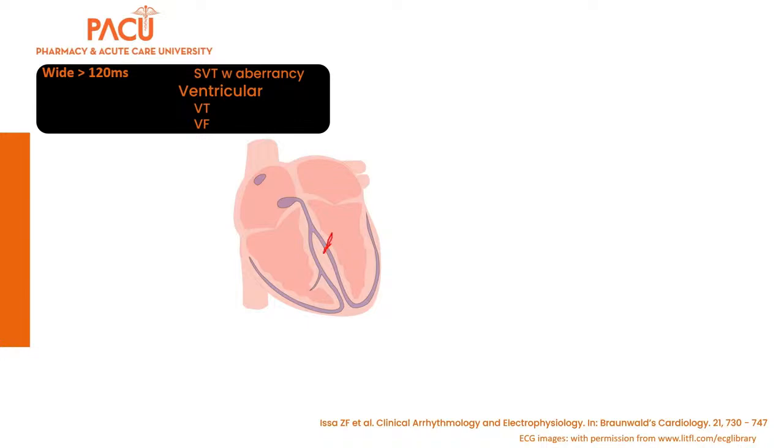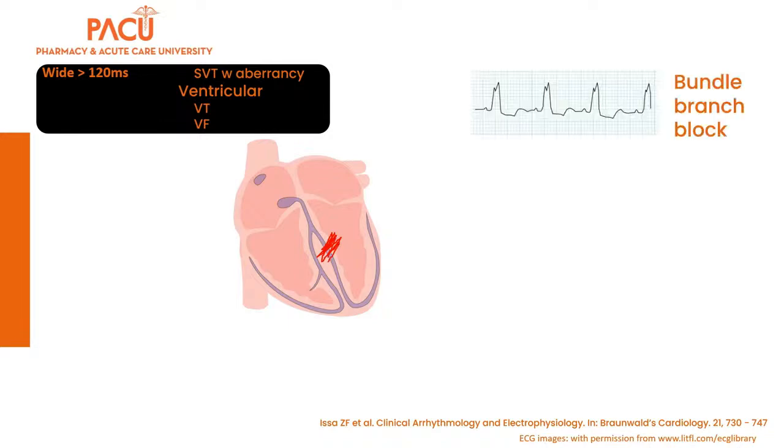They'll have damage to an area in their His-Purkinje bundle, or specifically a bundle branch block that'll just slow down nerve conduction. This causes a block, right bundle branch block or left bundle branch block, or an interruption where electrical conduction is delayed for a brief moment. This results in a wide QRS, as you can see on this EKG strip. It also has this hallmark dog ear notch in it.